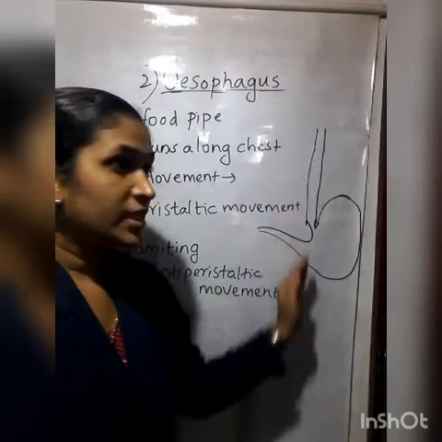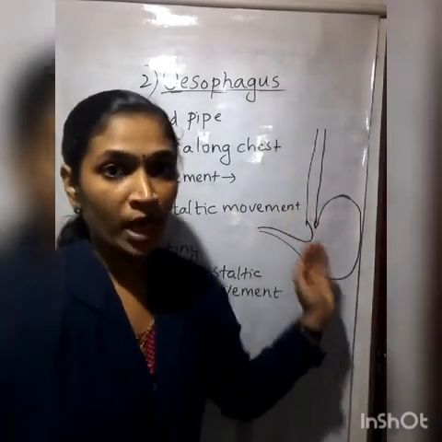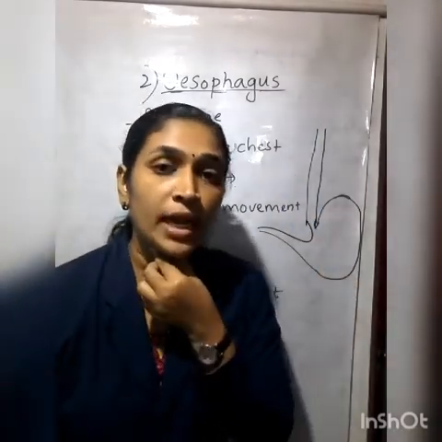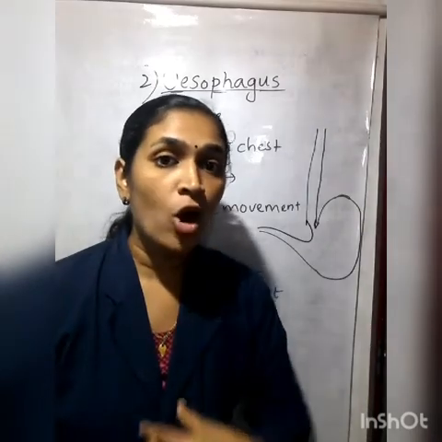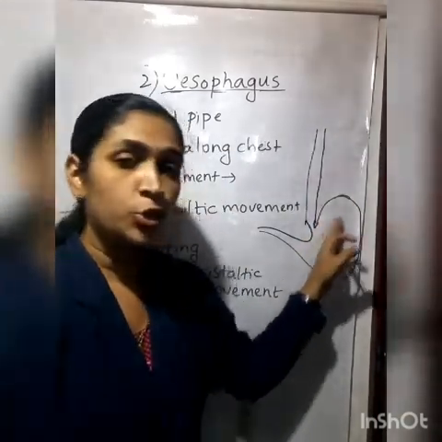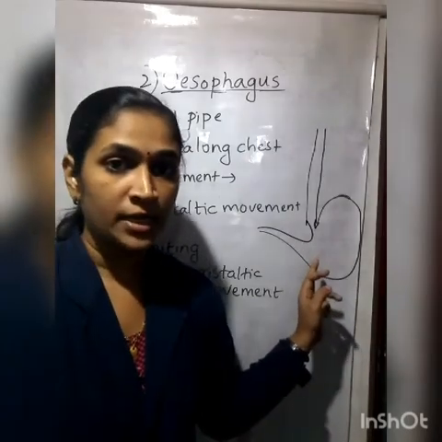Understand? Esophagus is a food pipe. It starts from the buccal cavity, runs along the chest, and opens into the stomach. Understand?